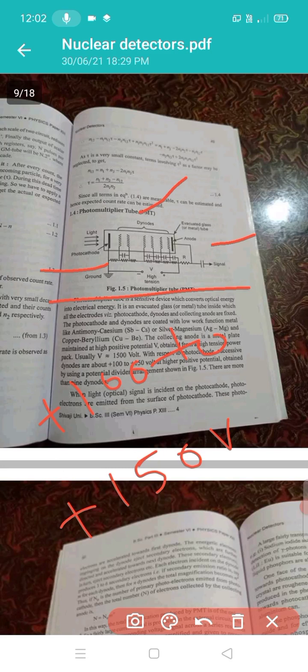See in the figure, there is a potential divider arrangement. More than 9 dynodes are used.